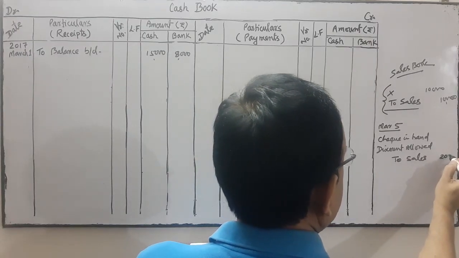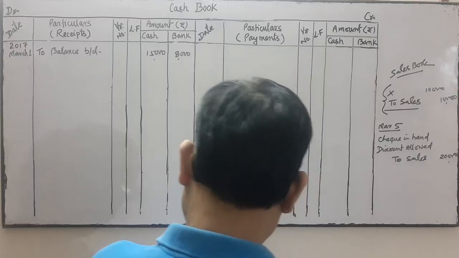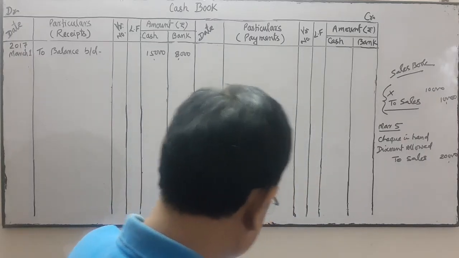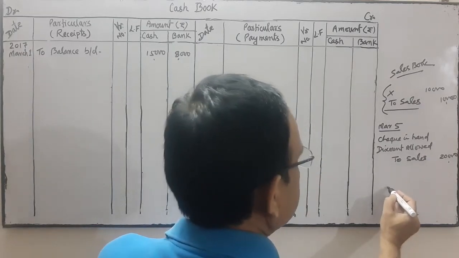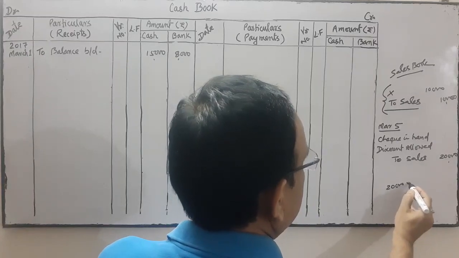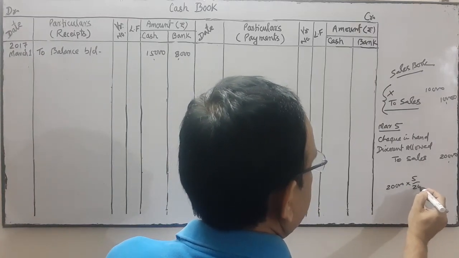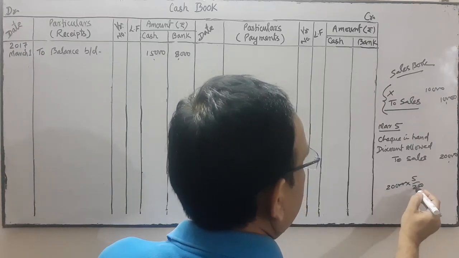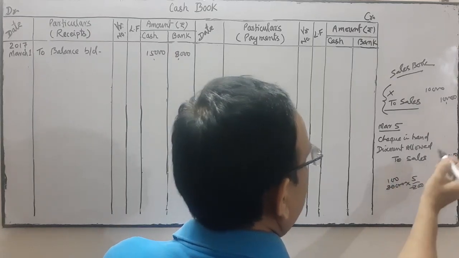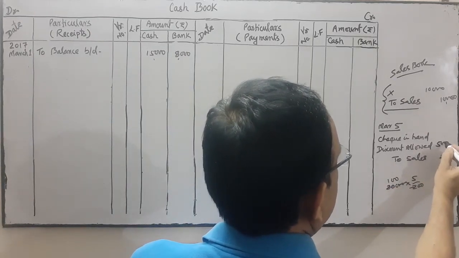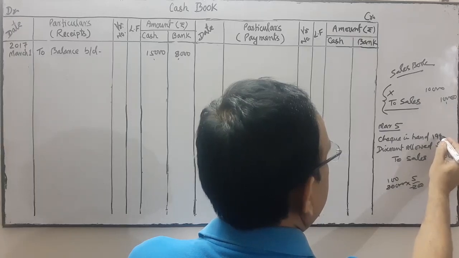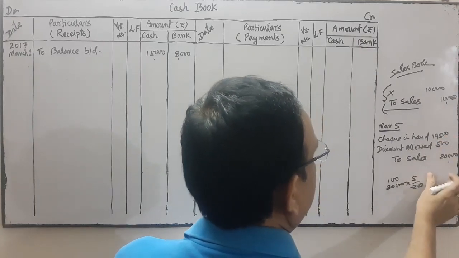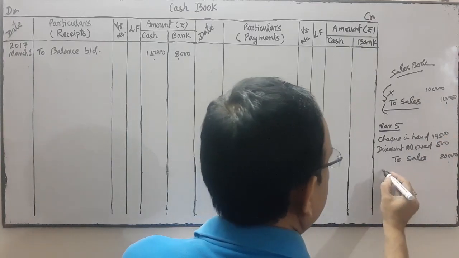Sales is 20,000. Received check after deducting 2.5% cash discount. 2.5% of 20,000 is 500, so the check received is 19,500.